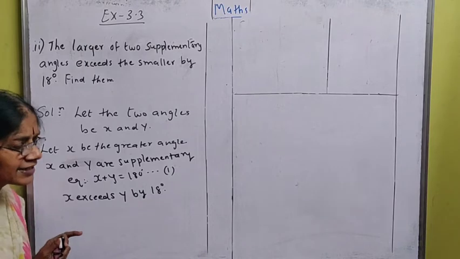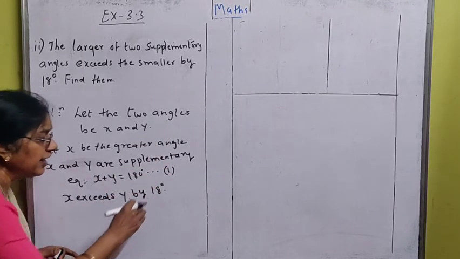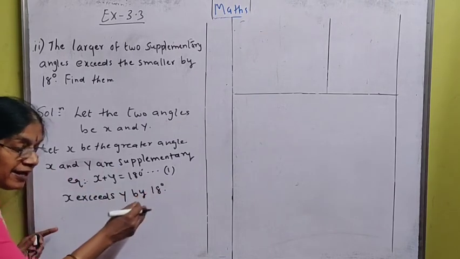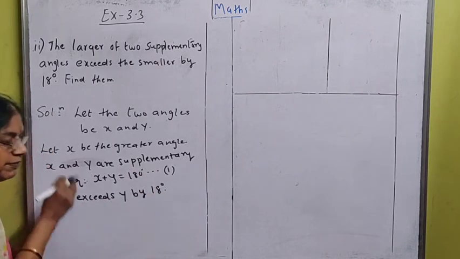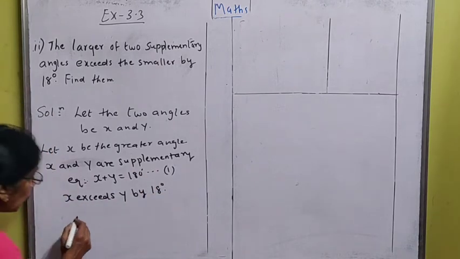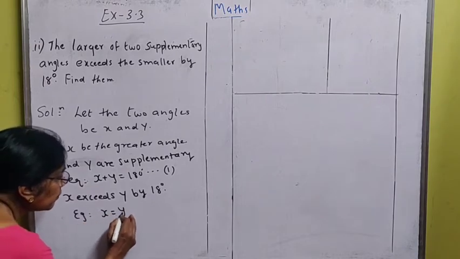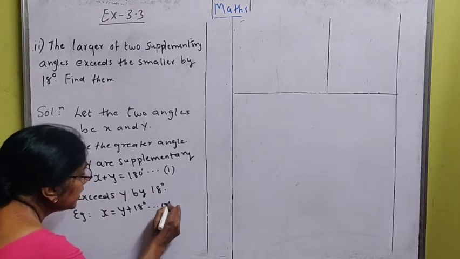If y is 20 degrees, then adding 18 to y will become x. So x exceeds y by 18 means to y if you add 18 degrees, that will become the value of x. So the equation is x is equal to y plus 18 degrees. This is your second equation.